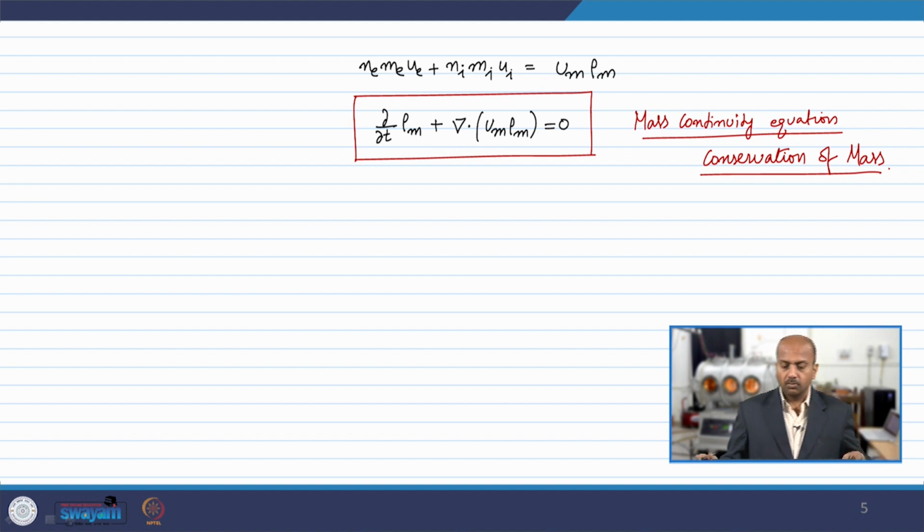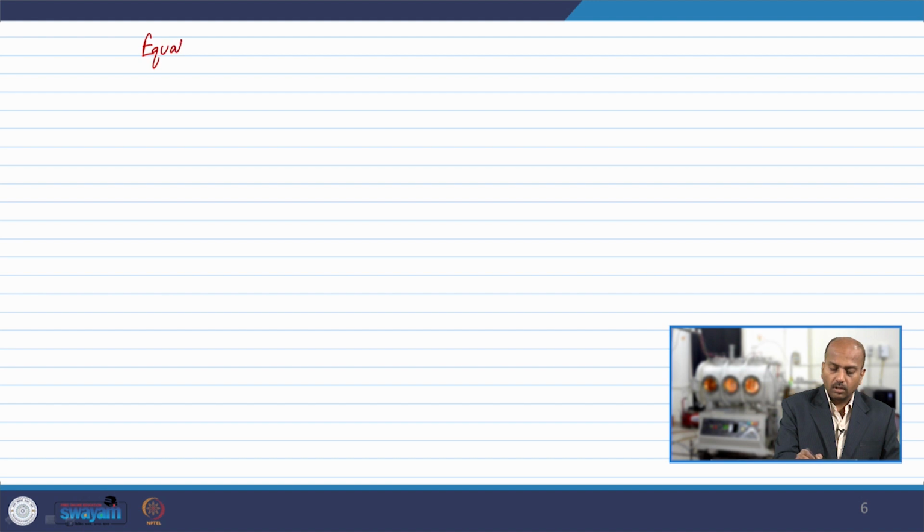The other equation that is important is the equation of motion for the bulk plasma. What does it mean?